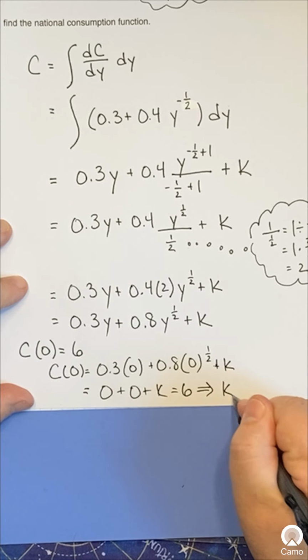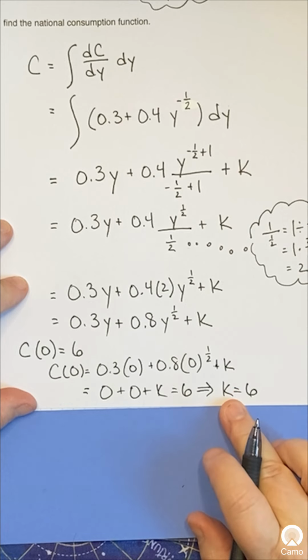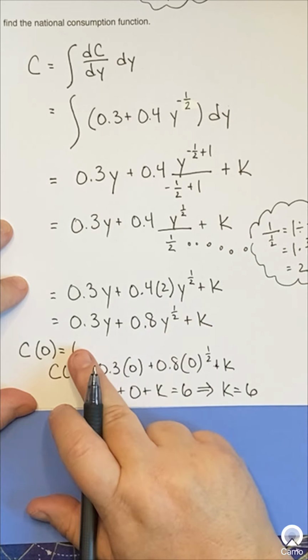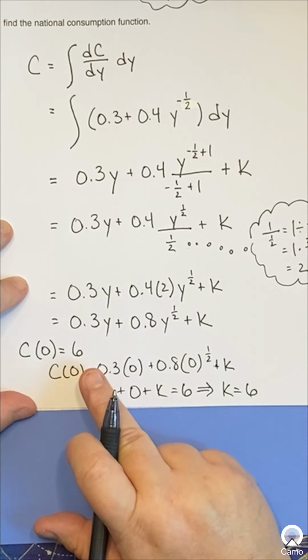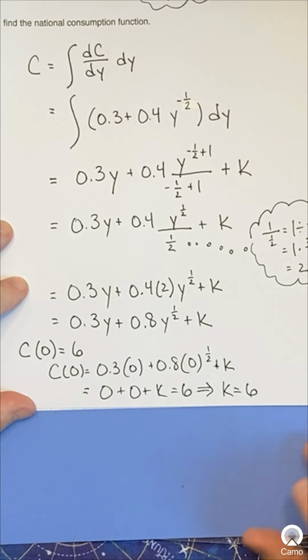That tells me k equals 6. Sometimes the plus k will be whatever that fixed value is. It's not fixed cost in this case. It's the fixed consumption, I guess. It's the consumption at a 0 disposable income.